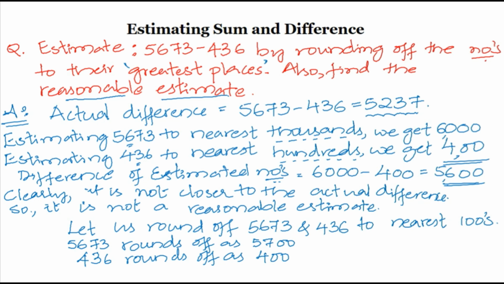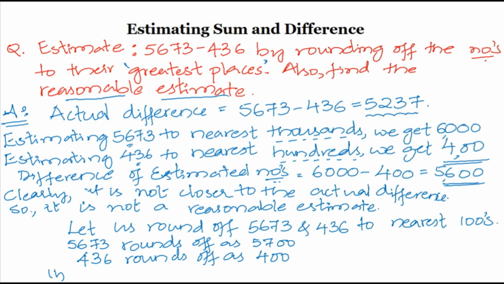Here in the 5673, tens place is 7. Therefore, the number becomes 5700. In 436, the tens place is 3. Therefore, the number becomes 400.